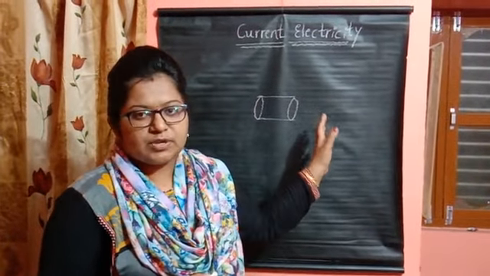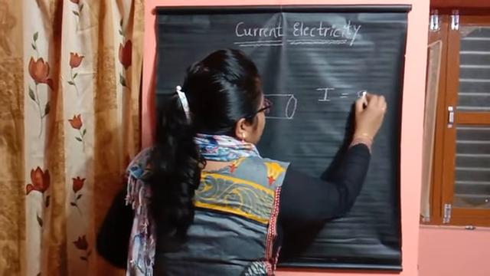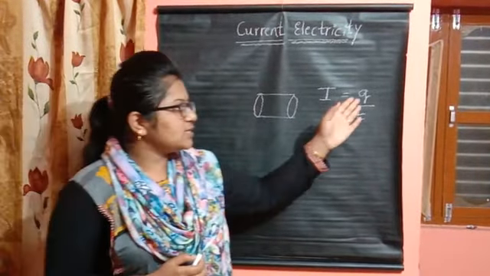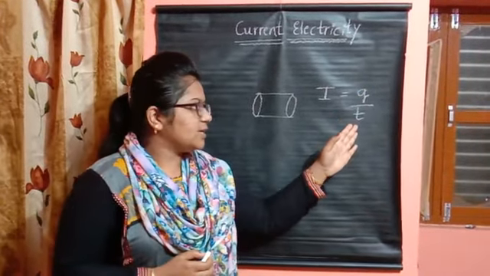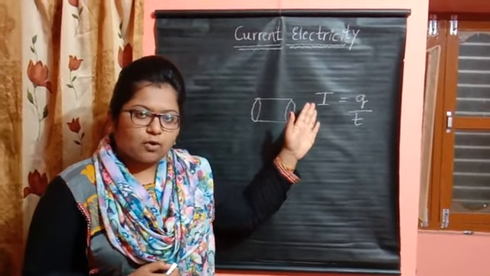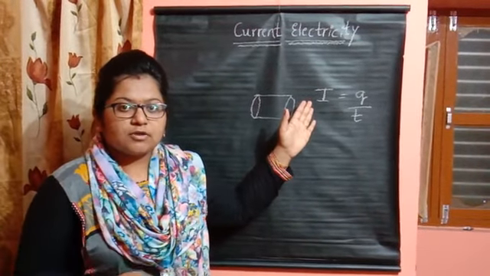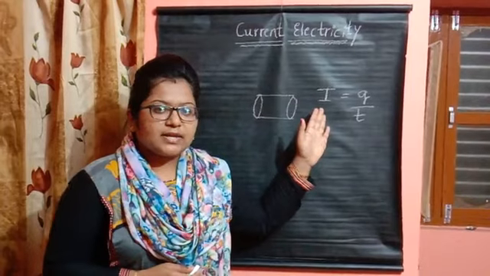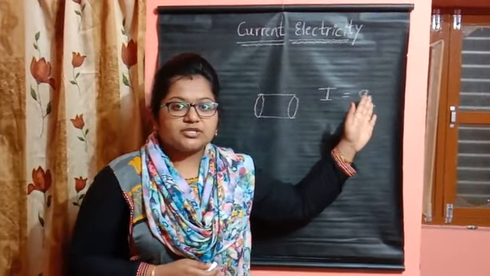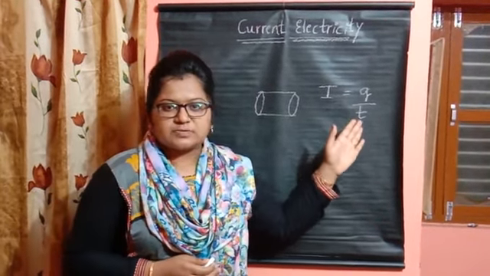This is the basic meaning of electric current, and by that we defined electric current as I equal to Q divided by T, where Q is electric charge and T is time, and I is electric current. Try to recall the definition: electric current is the rate of flow of electric charge with respect to time.